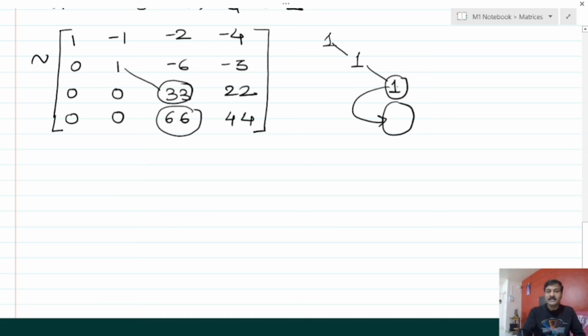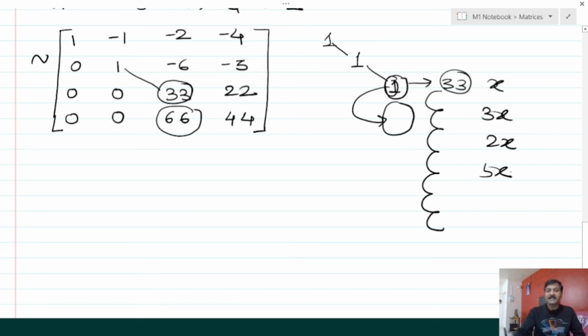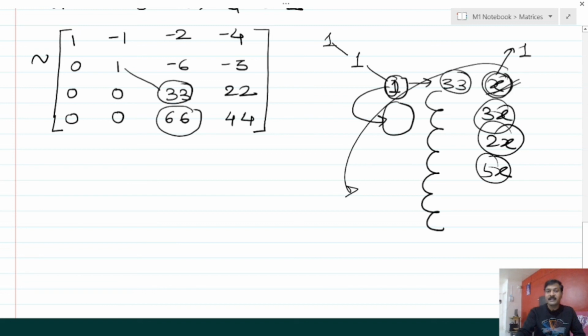But here instead of this one, if any number, suppose here 33, and there are the multiples of this number, for example x, then here is 3x, here 2x, here 5x, like that, then without obtaining here 1, you can obtain here zeros, and in the last step you just obtain here 1 by dividing by x.